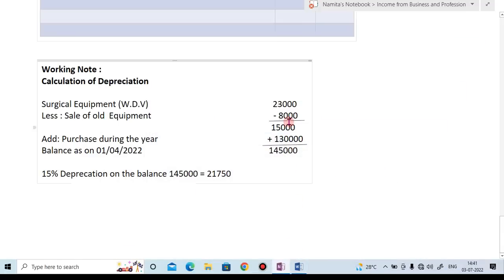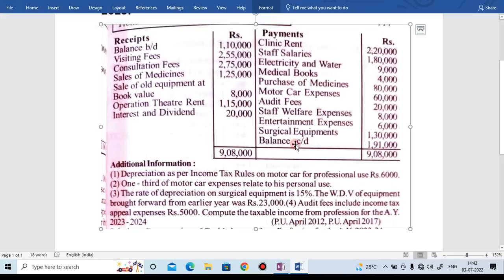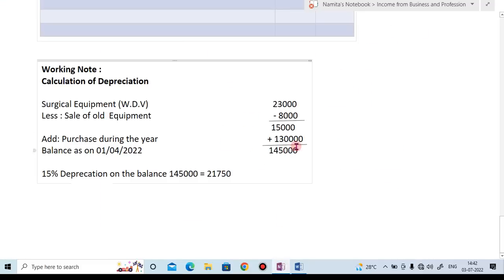So reduce it, 8,000. So 23,000 minus 8,000, remaining is 15,000. In this 15,000 add the purchase during the year. Surgical equipment 1,30,000 was purchased during the year. So add 1,30,000. So 15,000 plus 1,30,000, remaining balance is 1,45,000.